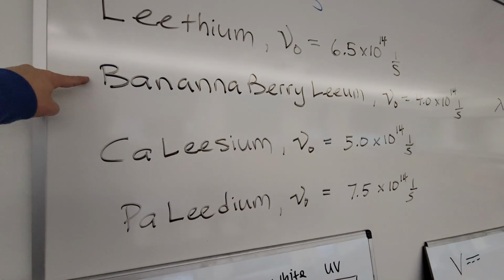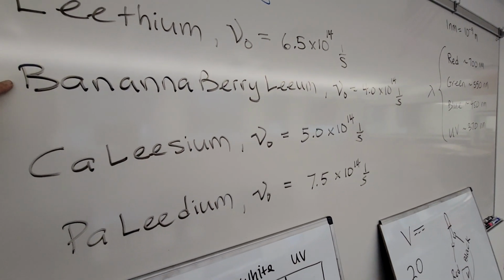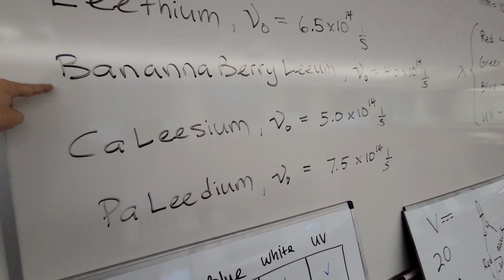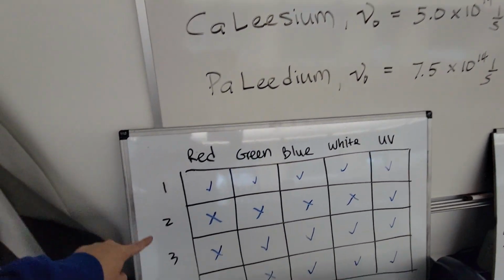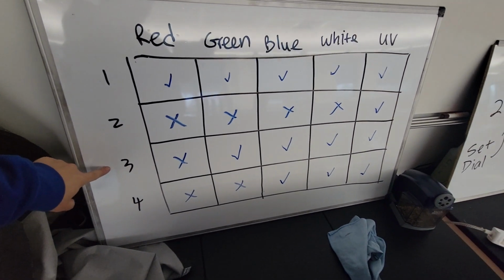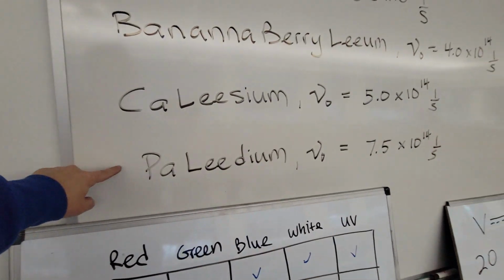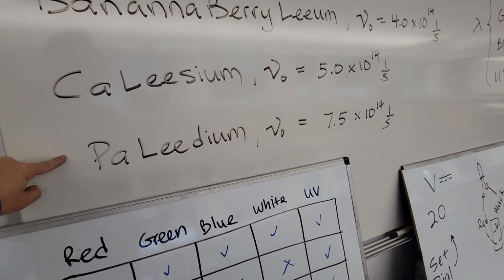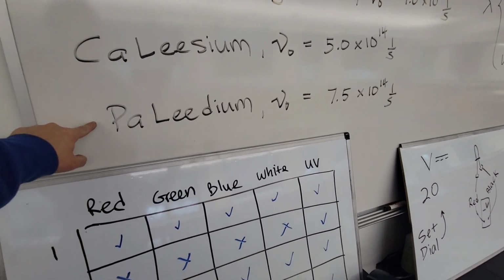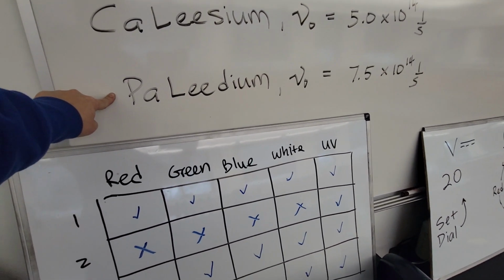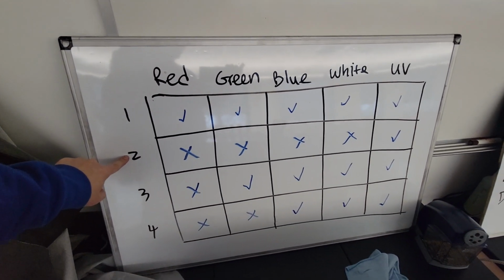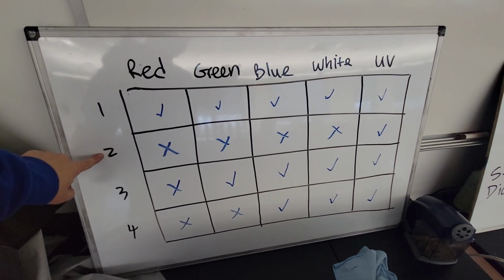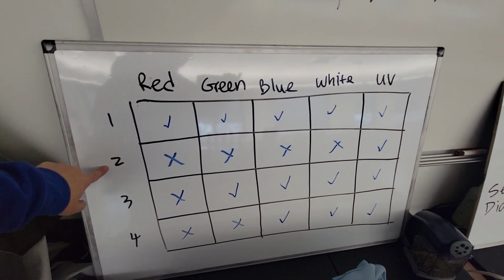And so the next lowest threshold frequency is calcium. And so we can say calcium must have been in capsule number 3. And palladium, with the highest threshold frequency, should correlate with the metal in the capsule that was only ejected by the frequency of the UV light. And that was in capsule number 2.